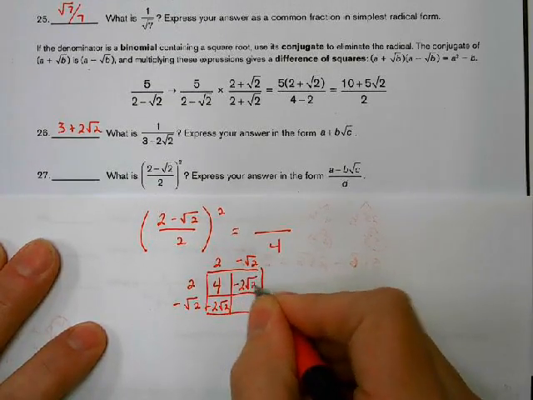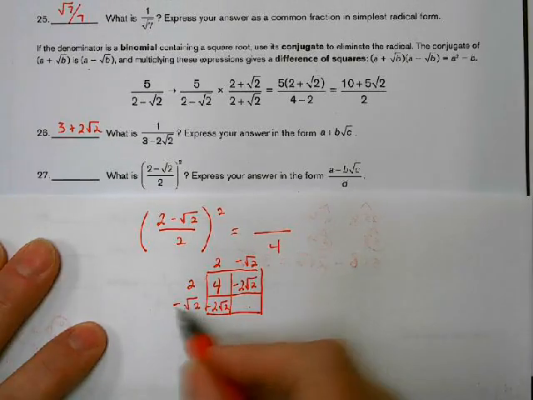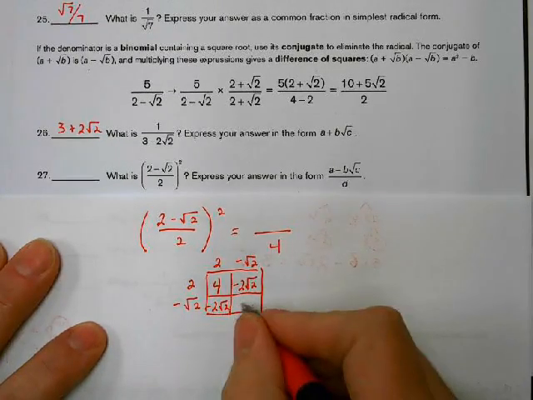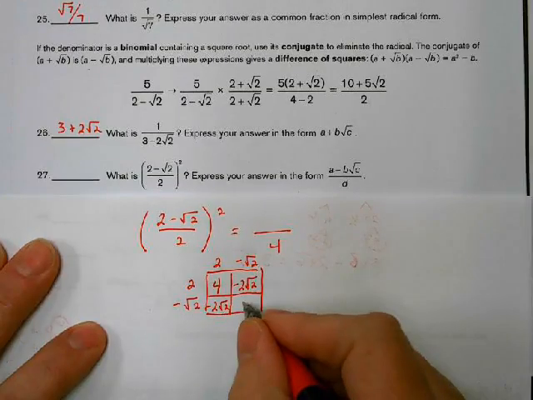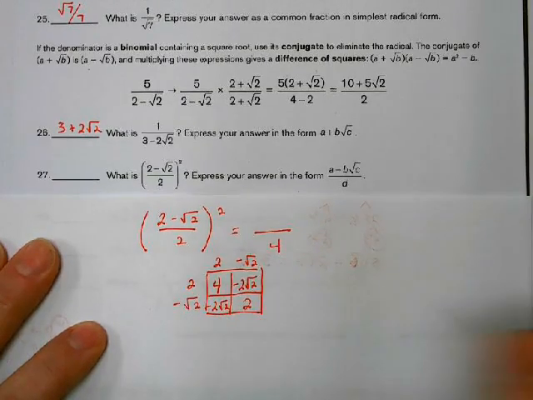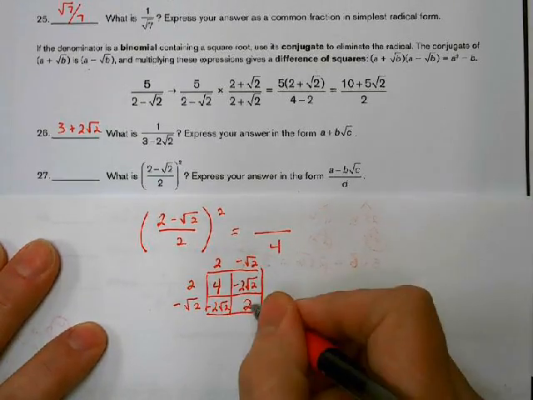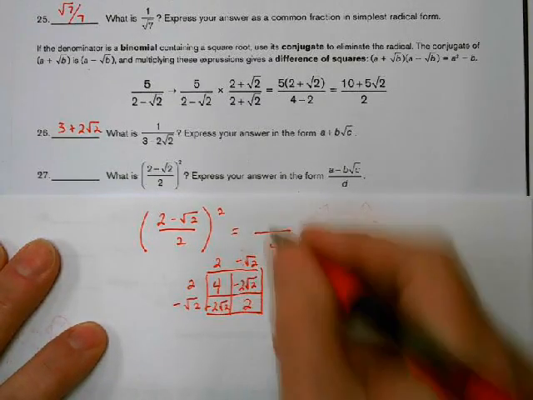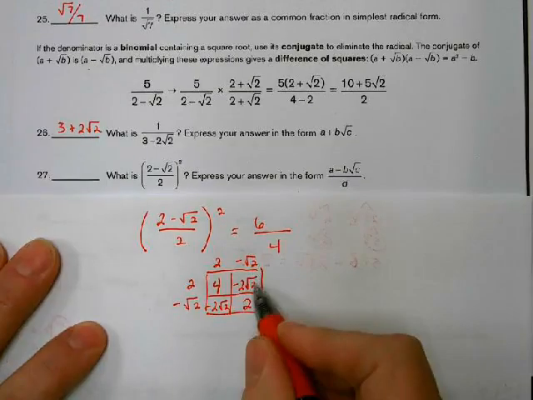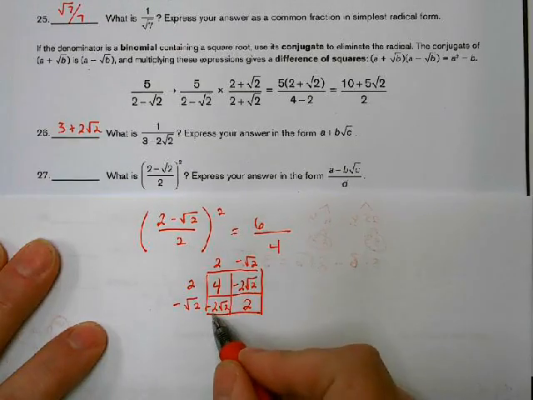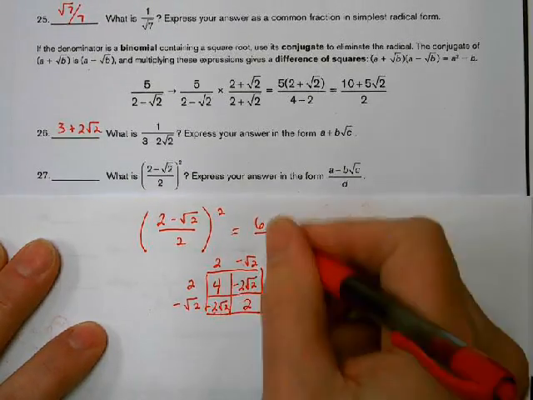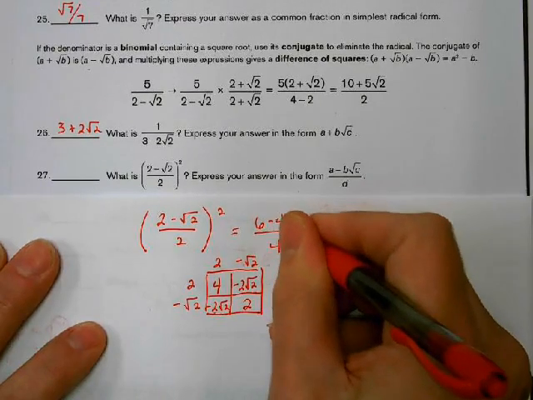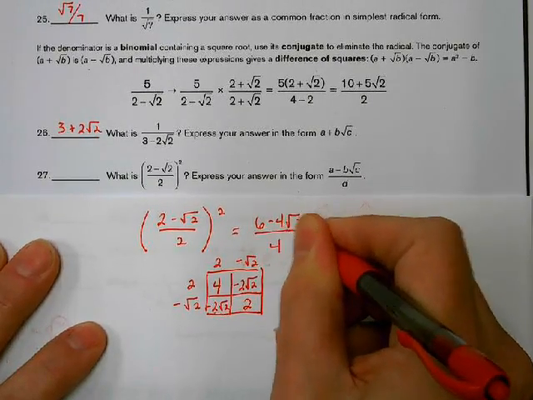And then negative root 2 times negative root 2 is positive 2, because root 2 times root 2 is 2, and a negative times a negative is a positive. So looking at these two diagonals, 4 plus 2 is 6. Looking at these two diagonals, I've got negative 2 root 2 and negative 2 root 2. That makes negative 4 root 2. So only the coefficients are combined for this. The radicals stay the same.